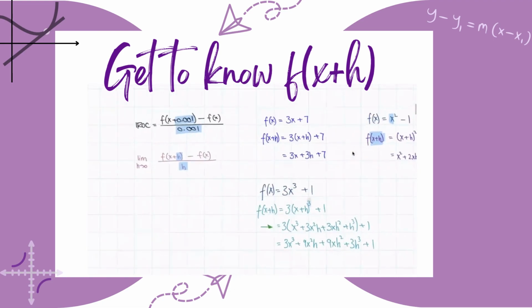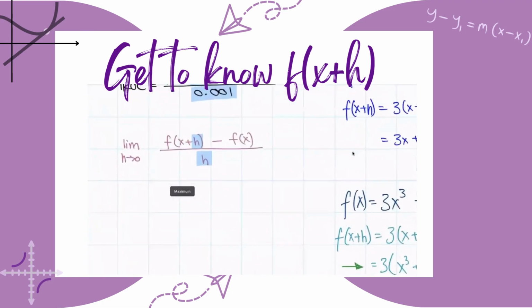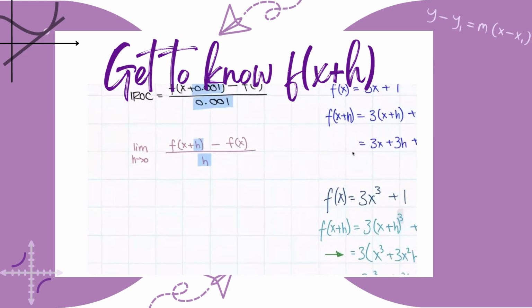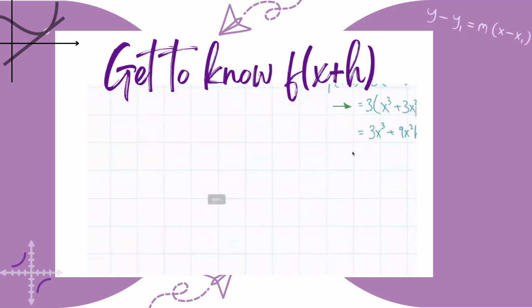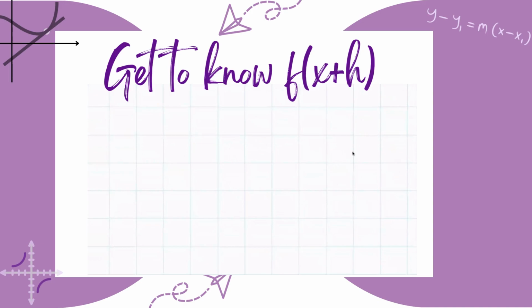Okay. So we learned that this is how you apply limit, right? So what you should do is, let's say you were given f of x equals 1 over x.